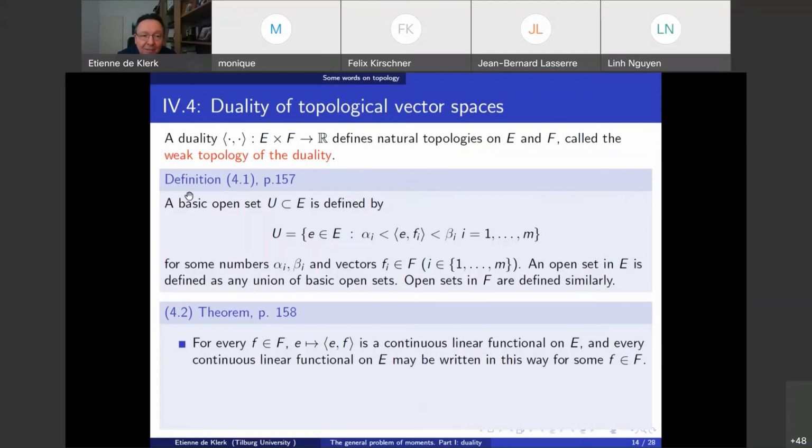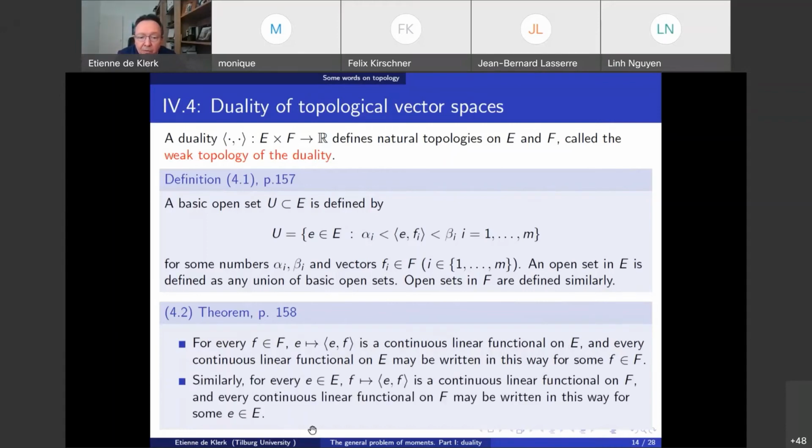The nice thing about this weak topology of duality is that we have a good understanding of the existence of continuous linear functions. In particular, if we fix an f in F and look at this linear function here, then we are guaranteed that this is a continuous linear functional on E. Moreover, every continuous linear function on E may be rewritten in this way for a suitable vector f from the vector space F. In the same way, for every fixed e in E, this is a continuous linear function on F, and every continuous linear function on F may be written in this way.